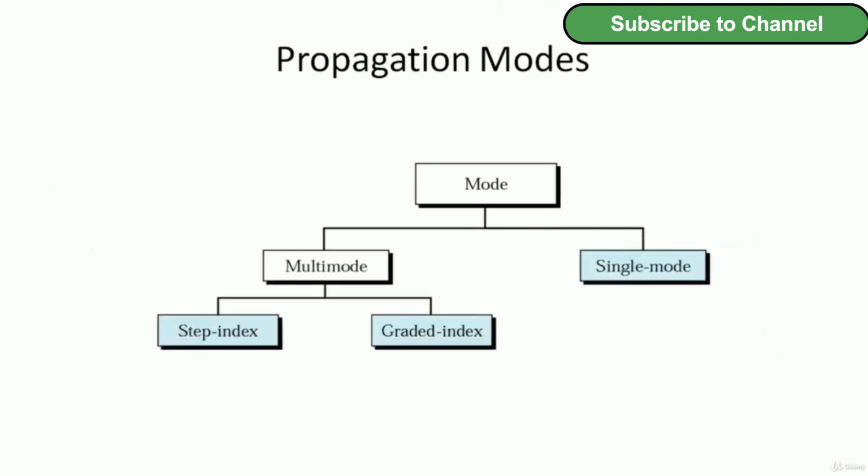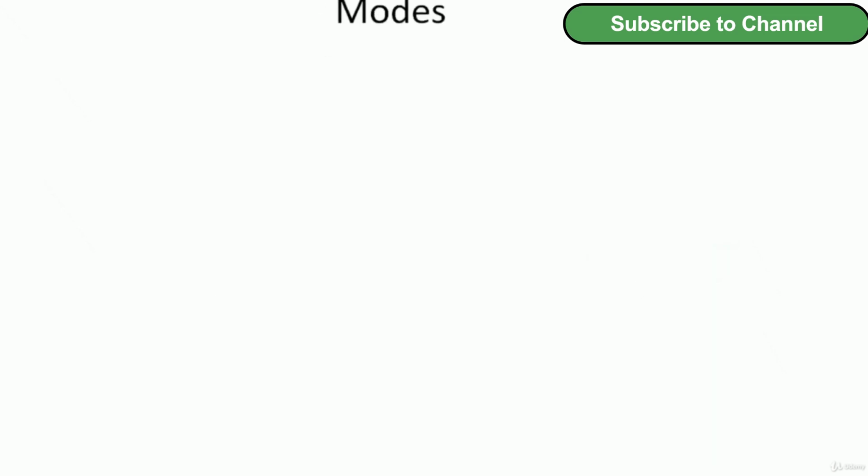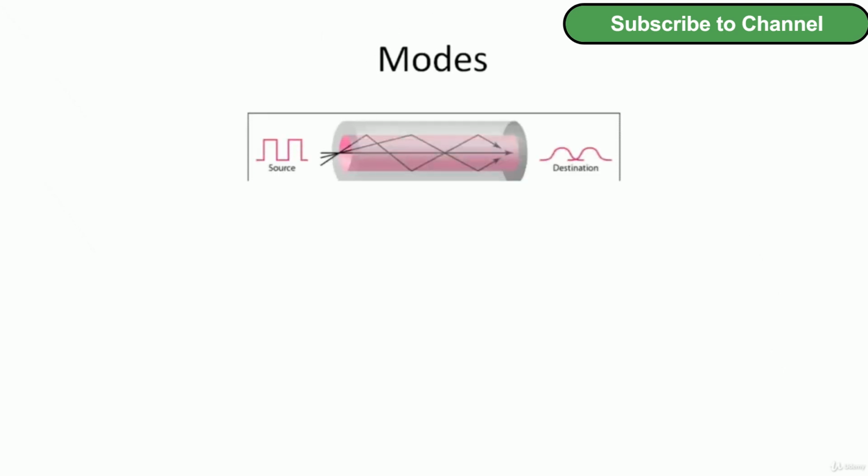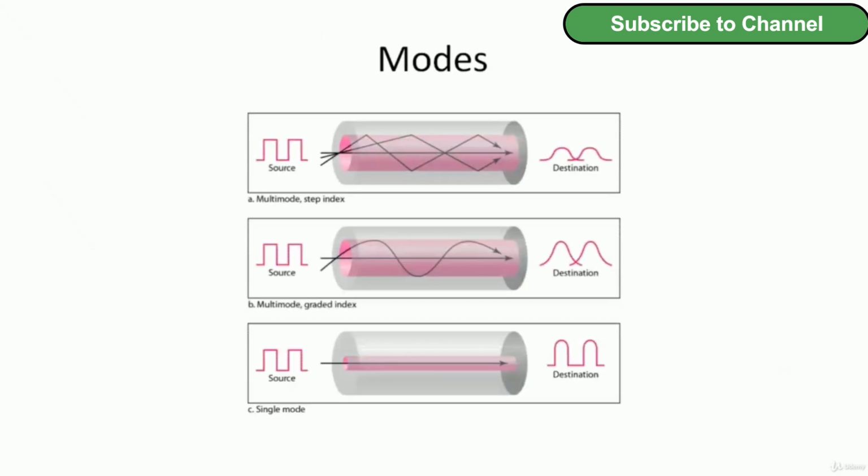Then propagation modes. We have to study the propagation modes of this signal. These propagation modes are of two types, multi-mode and single mode. The multi-mode fiber is again classified as step index and graded index. And this one is the single mode. You can see these modes in this figure, all these three categories are shown over here: multi-mode step index, multi-mode graded index, and single mode.